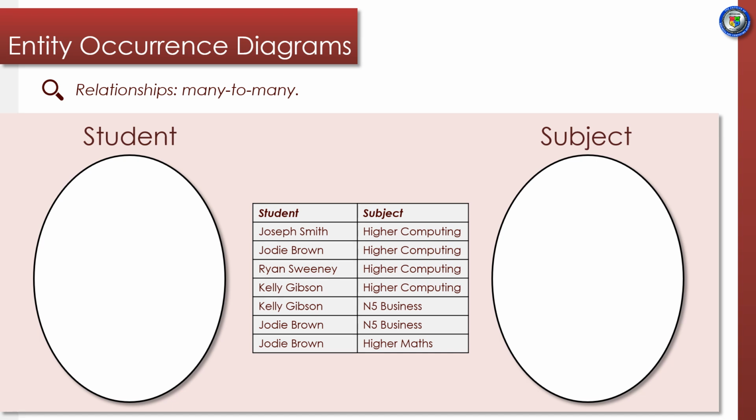We again take this to our entities, student and subject. We have repeating data now in both entities. We have repeating occurrences.